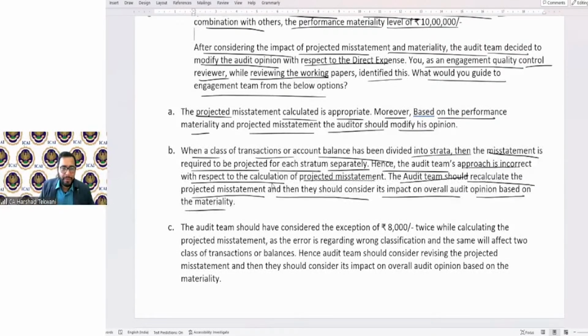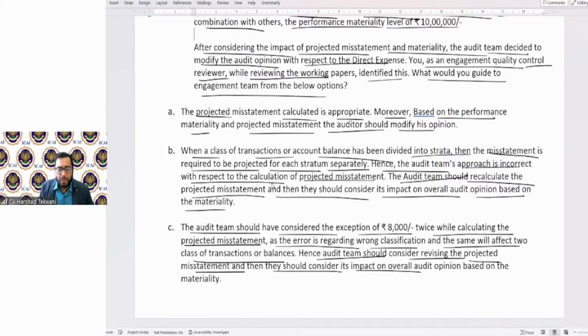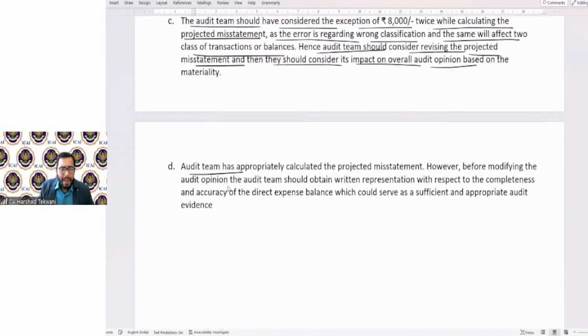The audit team should recalculate the projected misstatement and they should consider its impact on overall audit opinion based on the materiality. The audit team shall have considered the exception of 8,000 twice while calculating the projected misstatement, as the error is regarding wrong classification, and same will have effect on two classes of transaction or balances. Hence, the team should consider revising the projected misstatement, and then consider the impact on overall audit opinion. The fourth one is audit team have appropriately calculated the projected misstatement.